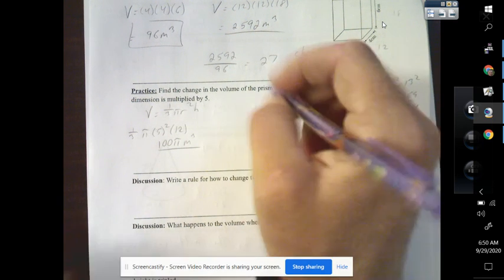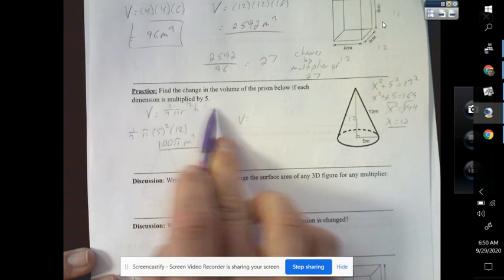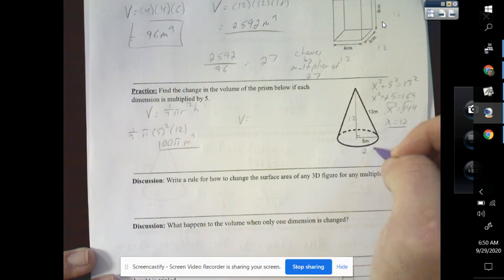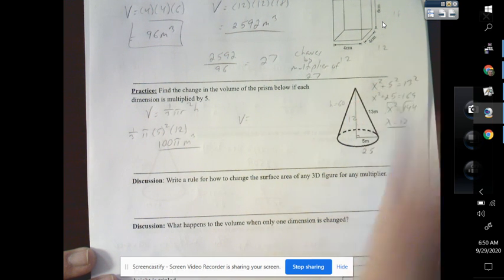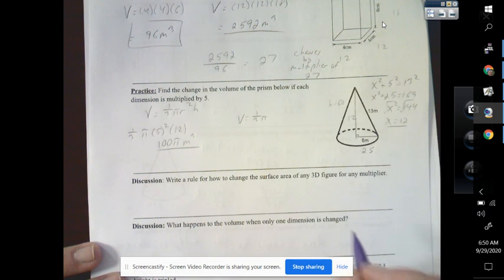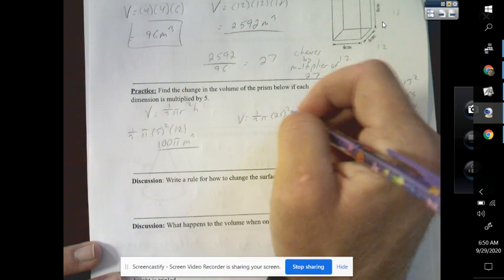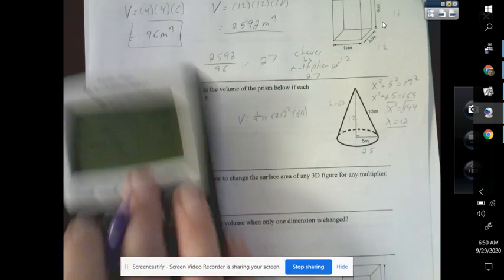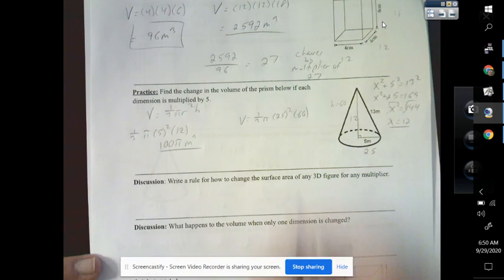Now we are going to multiply by 5. So my radius now becomes 25, and my height becomes 60. So 1/3 pi, my radius is now 25 and my height is now 60. Big numbers: 25 squared times 60, divide that by 3, 12,500.